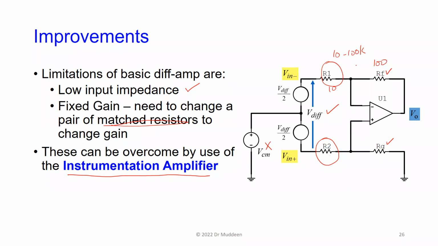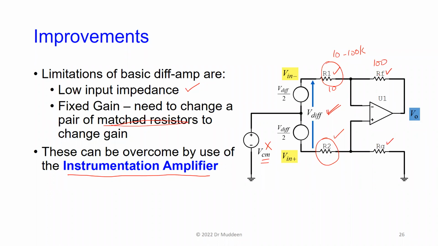And in order to do that, these resistors have to match and the tolerances have to be next to nothing. If they're not, then the common mode rejection ratio, which is how well we amplify this and how well we ignore this, is going to be low. So go over that, and tomorrow we're going to talk about the instrumentation amplifier in the first half of the class. All right, any questions?